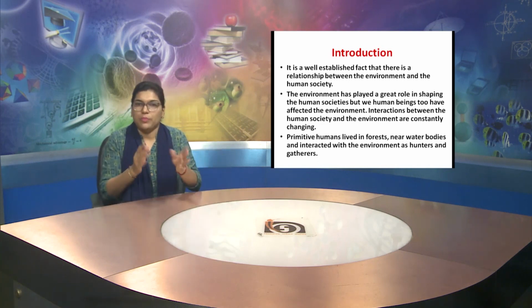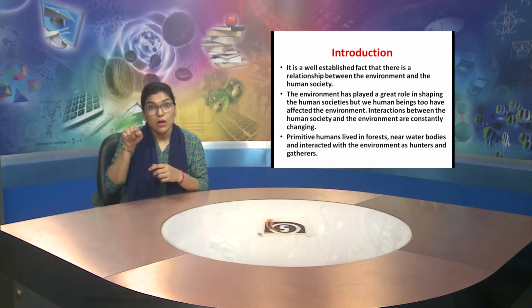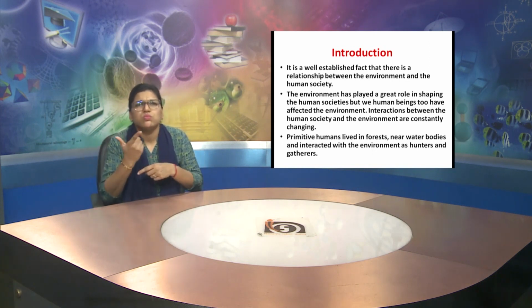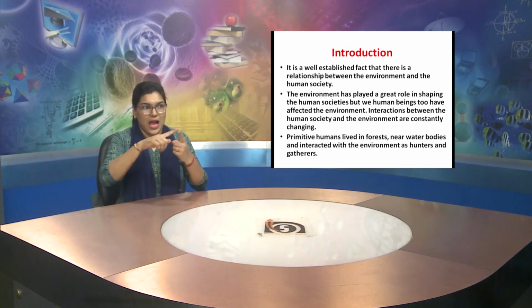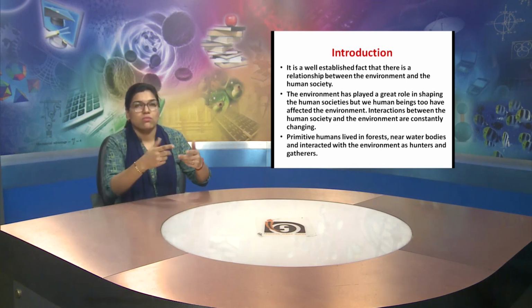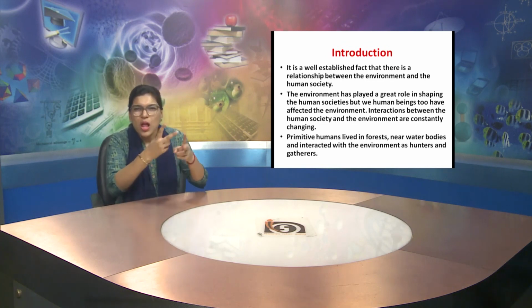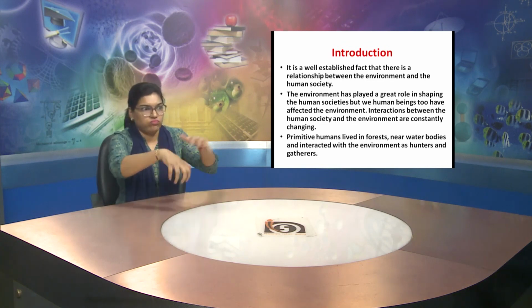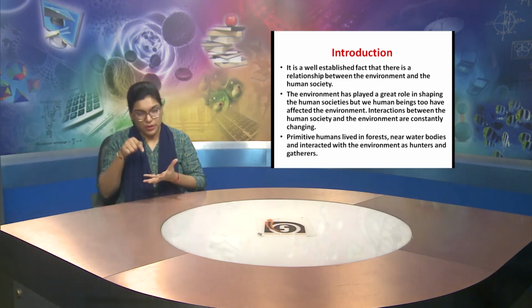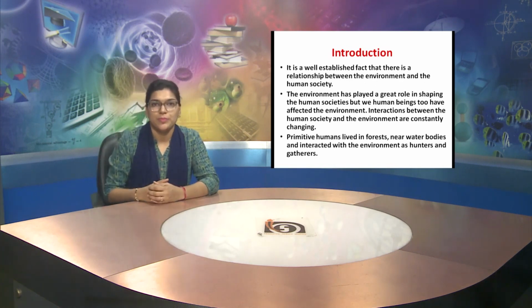That primitive human lived in forests and near water bodies, and they also interacted with the environment, as they used to hunt and gather different foods, and they used to collect stones for making some tools that could be used by them.